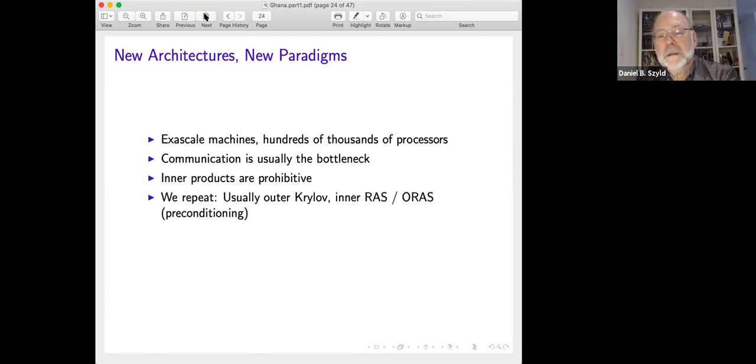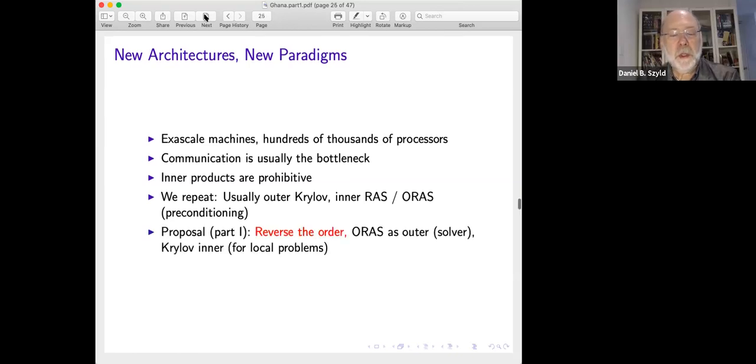Usually, as we mentioned earlier, people run Krylov methods, and as a preconditioner, they use either RAS or optimized restricted iterative Schwarz. One of our proposals is to reverse the order.